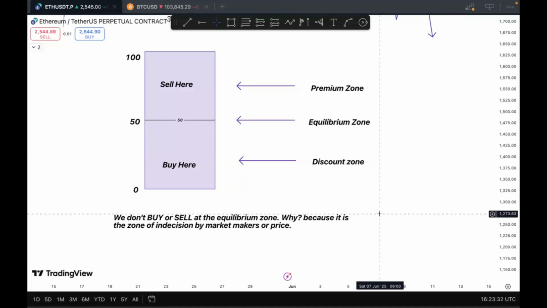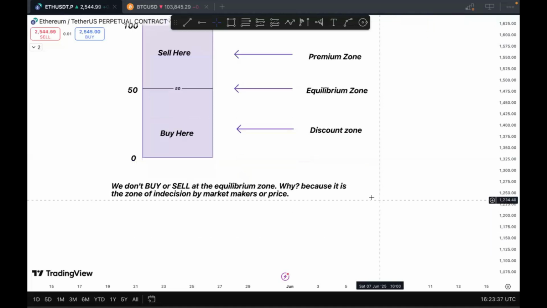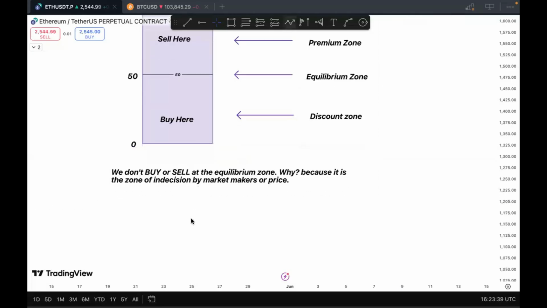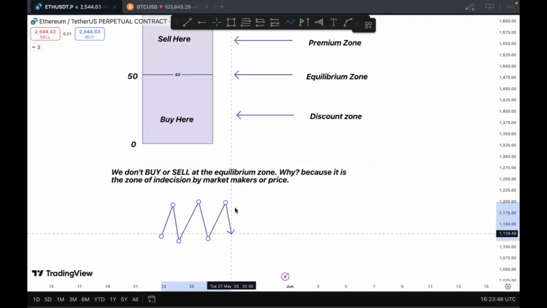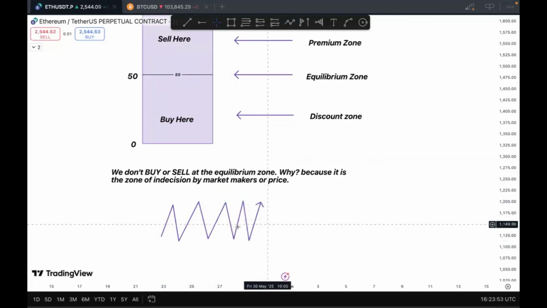At the equilibrium zone, the market is either ranging. When the market gets to the equilibrium zone, price starts ranging. So at that zone, we don't know what's happening, so we don't want to buy or sell. At that zone, they always try to make decisions.